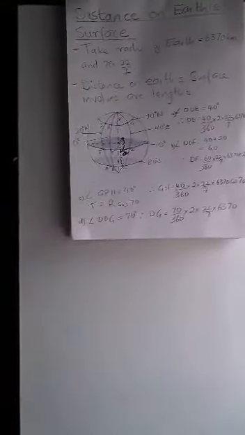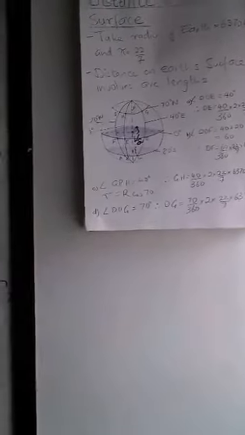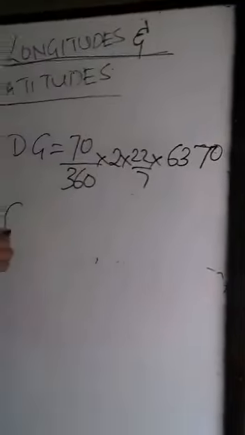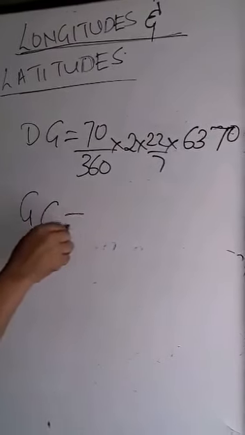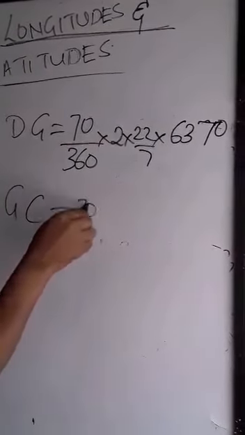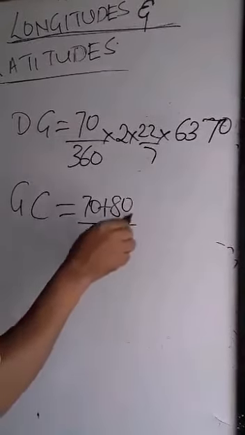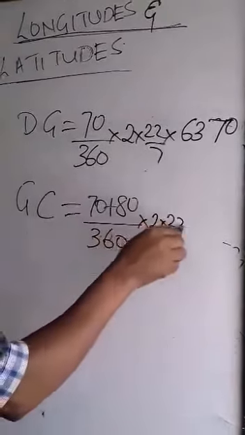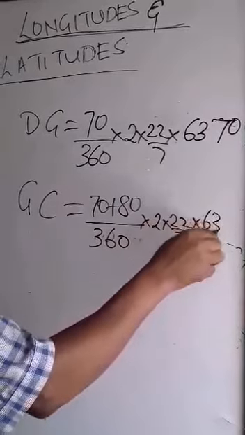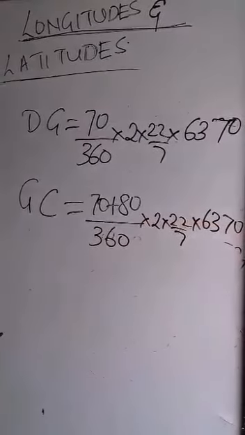So the total angle subtended by GC is 70 plus 80. So GC or CG will be 70 plus 80 over 360 times 2 times 22 over 7 times 6370, because it is also on a great circle.